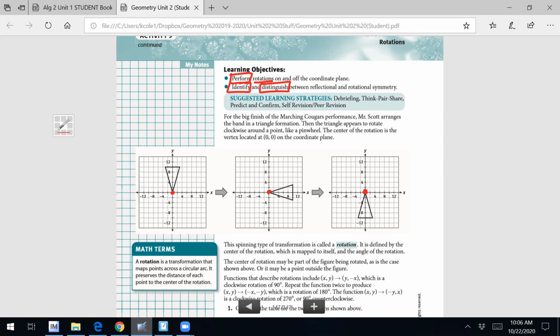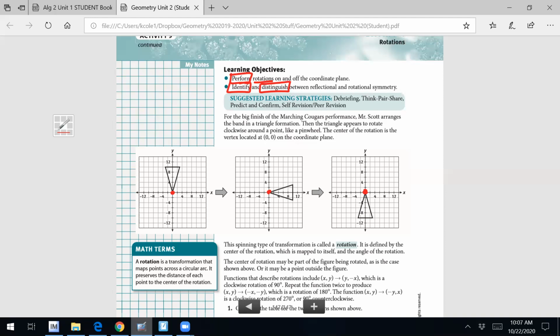It says this spinning type of transformation is called a rotation. It is defined by the center of rotation, which is mapped onto itself, and the angle of the rotation. The center of rotation may be part of the figure being rotated, as is the case shown above, or it may be a point outside of the figure. Functions that describe rotations include, look at your rotation.